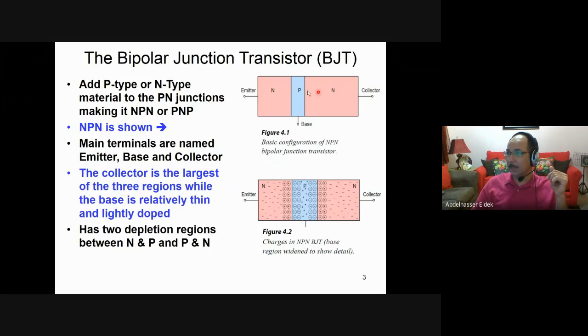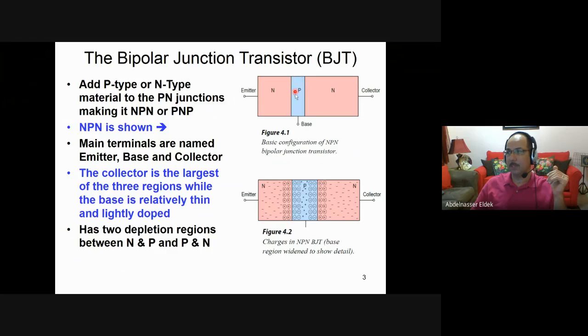The emitter is heavily doped, so it has a lot of electrons. It's N-type, of course, so it has a lot of electrons. And the P-type, or the base, has less. It is very thin. So this one here should be, of course, thinner, but just for demonstration here, we make it like this.